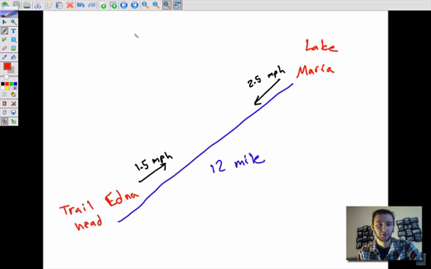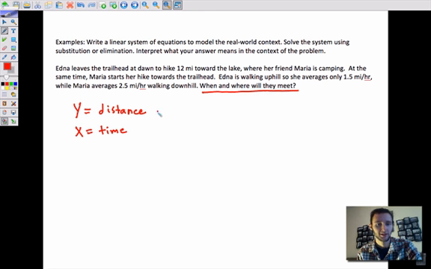If we're going to talk about their distances, we need to have some sort of reference point. We can't just say the distance traveled, because that's going to be different per person. So we'll say the distance from the trailhead is our reference point. So y is actually going to be distance from trailhead.